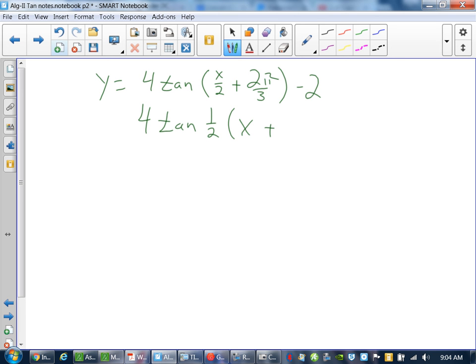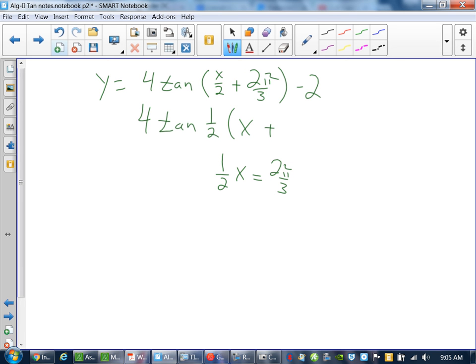Wouldn't you multiply by 2 to get the x? No, here you have to pay attention. Take the half out. Now think of it this way: 1/2 times something equals 2 pi over 3. If it was 2x, then you would take out the 2.